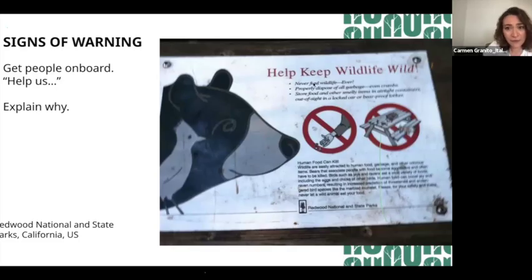Then you still have some don'ts, and you have the prohibition signs here. But at the same time, in the second part of the panel, you can find the explanation. Human food can kill. Wildlife are easily attracted to human food, therefore, blah, blah, blah. So giving an explanation is usually the best policy.